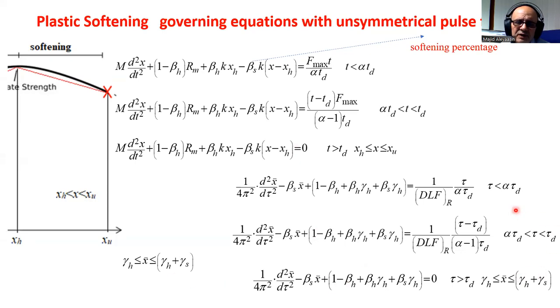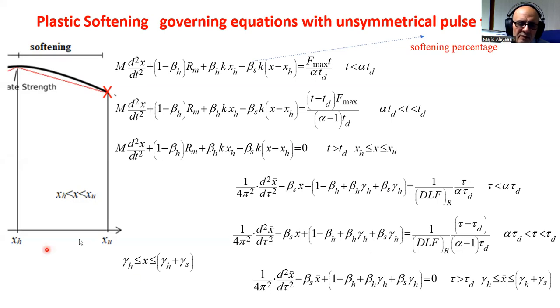And obviously now we can do simulation: three equations for hardening plus the 6 equations we showed before, so it becomes 9 equations, whereas for the existing method we have 6 equations.